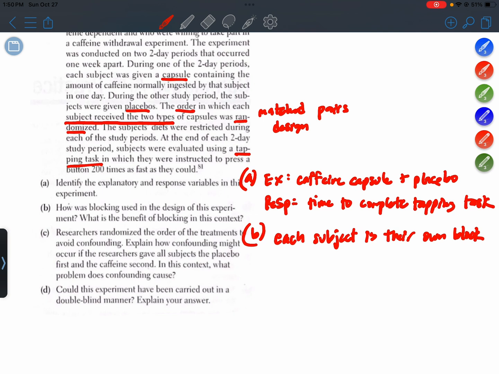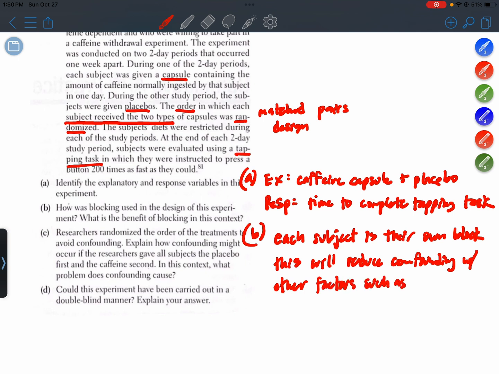So this will reduce confounding with other factors such as age, gender, weight, etc. Right, because we're only going to compare one subject's result with their other result.